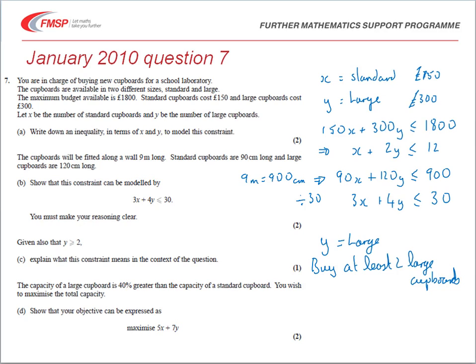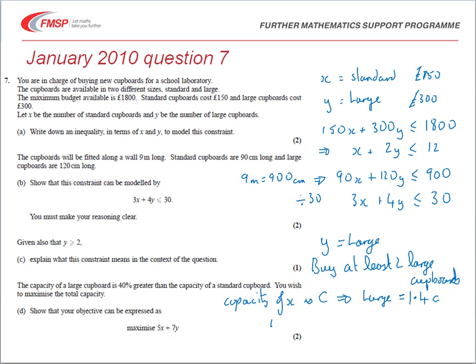Finally, this part of the question, we're told that the capacity of a large cupboard is 40% greater than the capacity of a standard. So if we let the capacity of the standard, so capacity of X, be C, then the capacity of the large ones will be equal to 1.4 times that, 40% bigger.